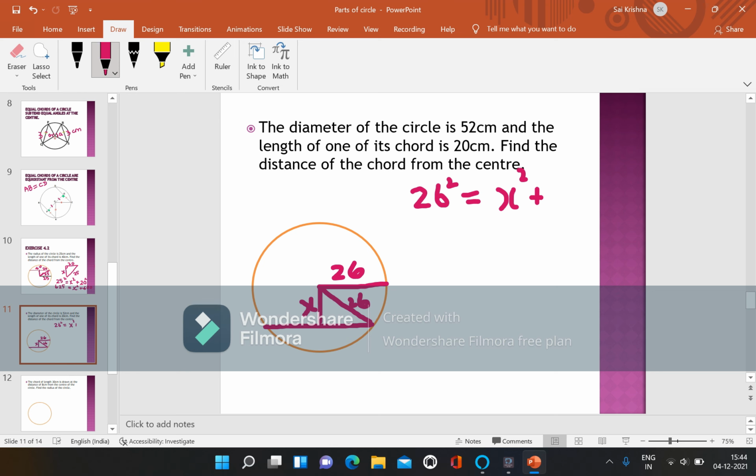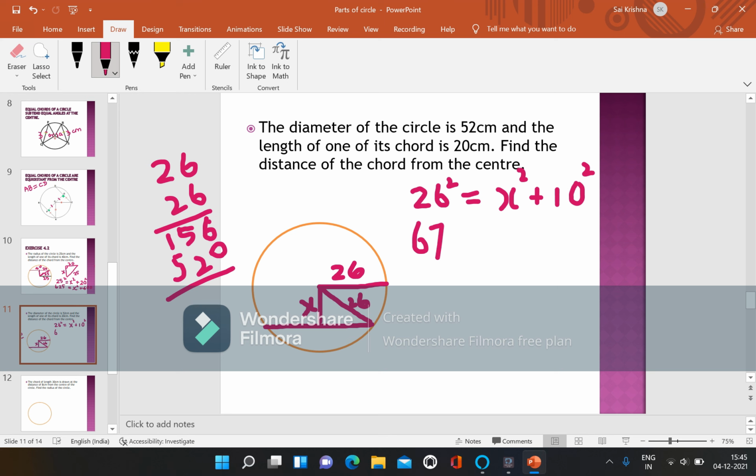Half of the chord length is 10, so it's 10 square. So 26 square is 676, which is equal to x square plus 10 square, which is 100.